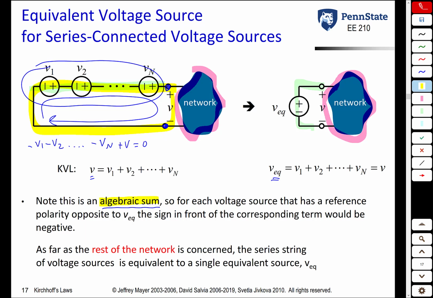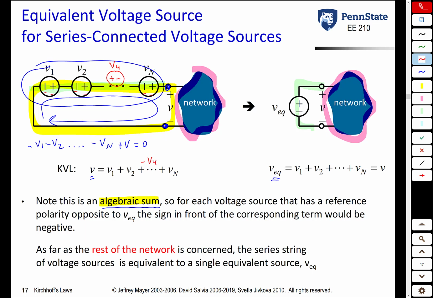If one or more of these voltage sources is oriented the other direction, for example, maybe V4 has the plus on the left rather than on the right. So notice these other ones have minus plus, minus plus, minus plus. If that one has plus minus, you would have to put minus V4 in there.